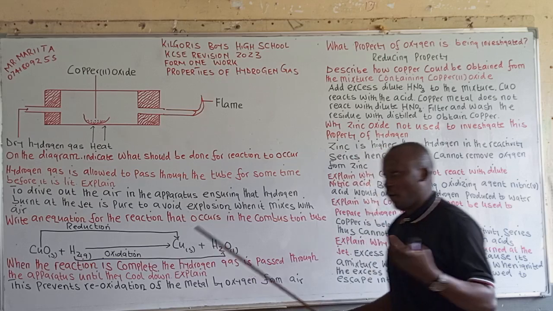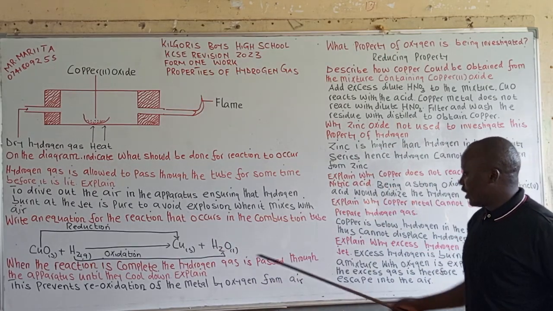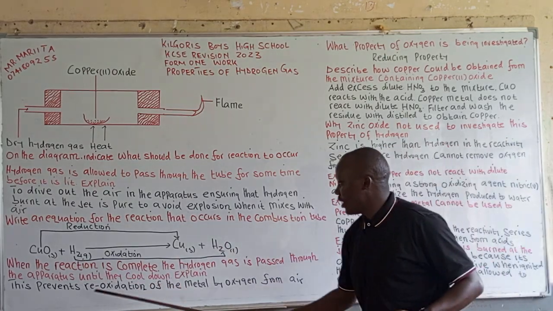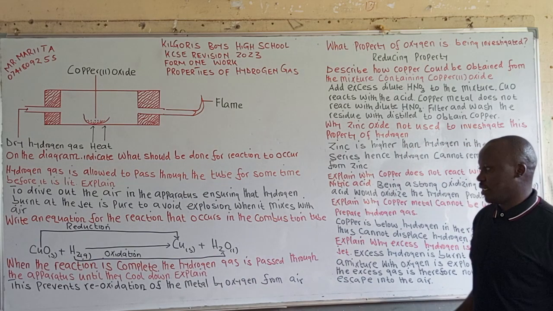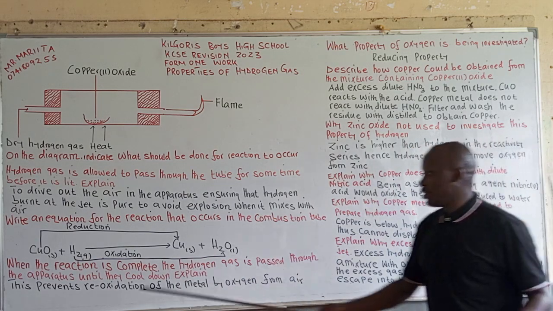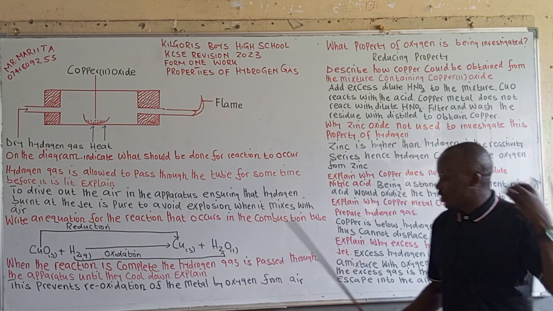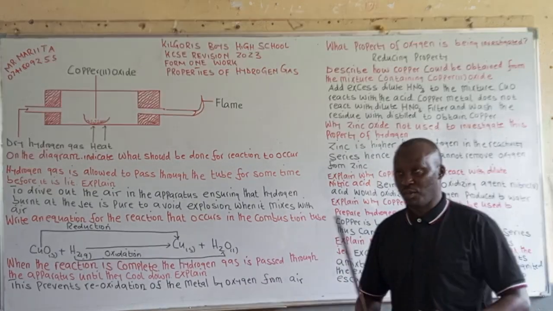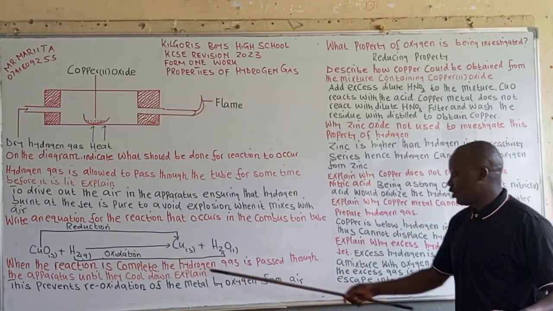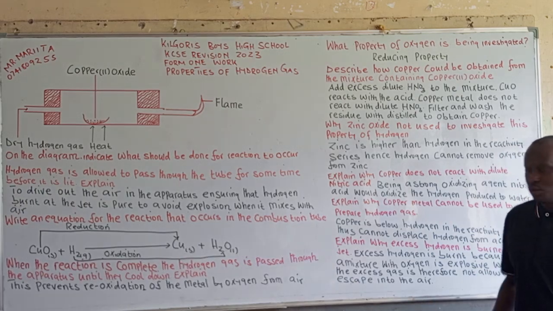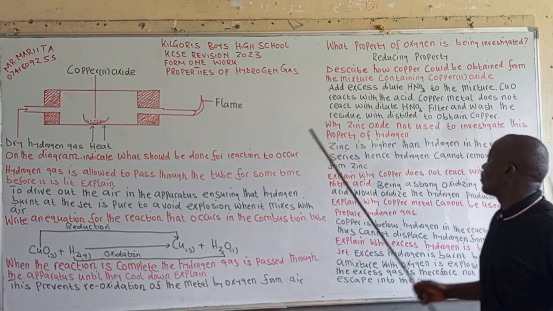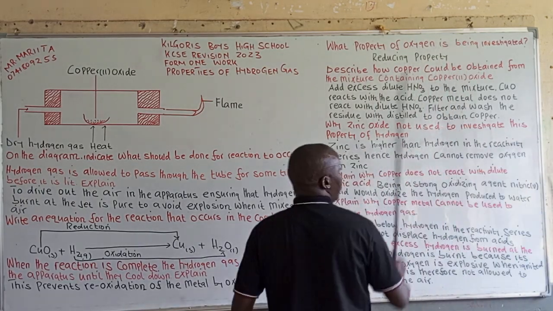When the reaction is complete, the hydrogen gas is passed through the apparatus until they cool down. Explain. It is simply to prevent the oxidation of the metal by oxygen from the air. What property of oxygen is being investigated?